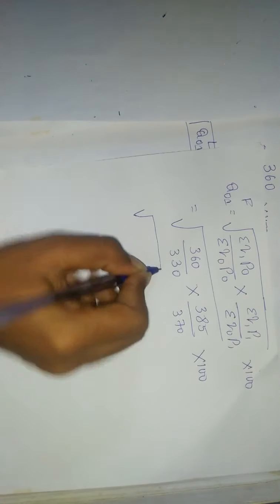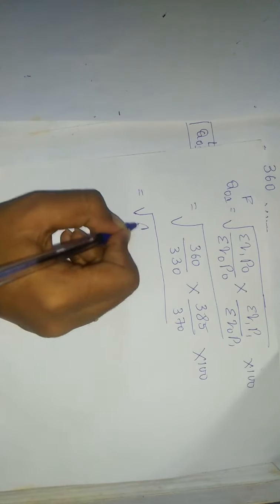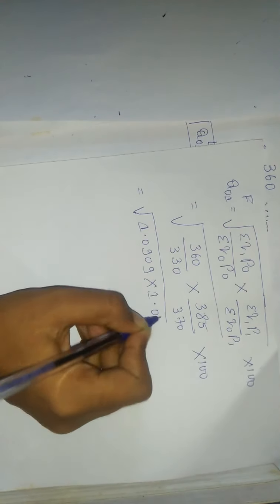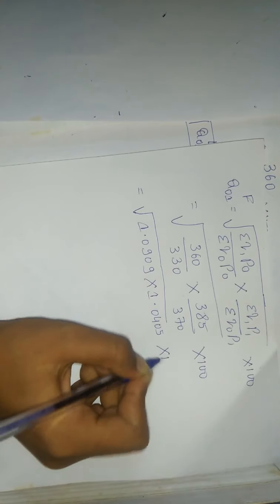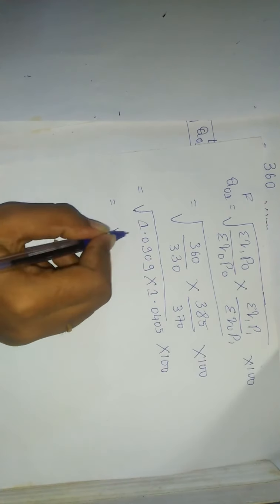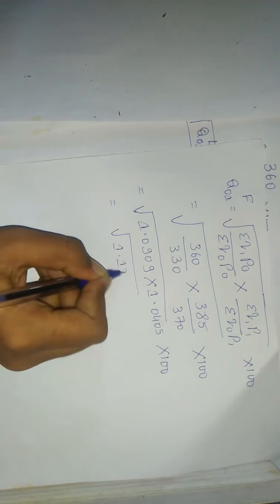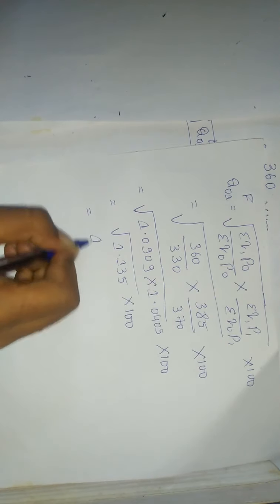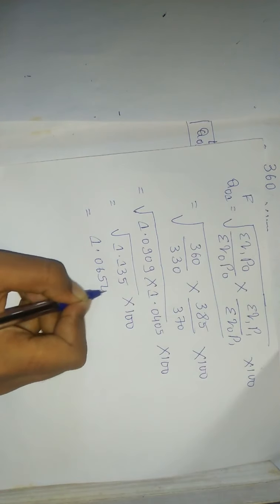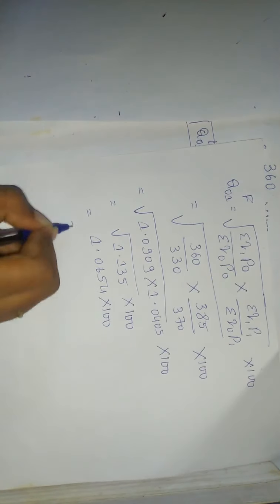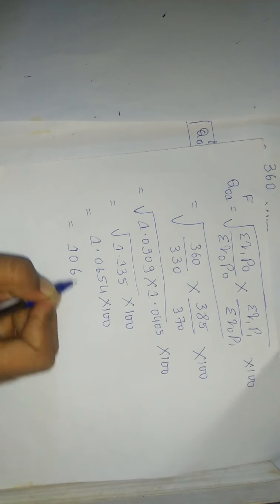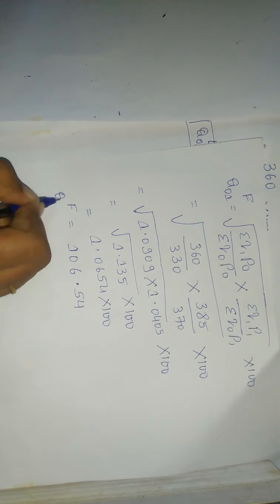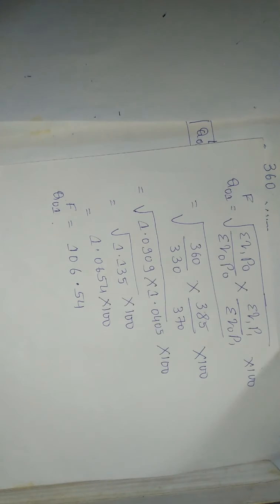So root of 1.0909 into 1.0405 into 100. Then multiply this value, 1.135, into 100, then 1.0654 into 100. So the answer is 106.54. This is Fisher's quantity index number. Okay, thank you.